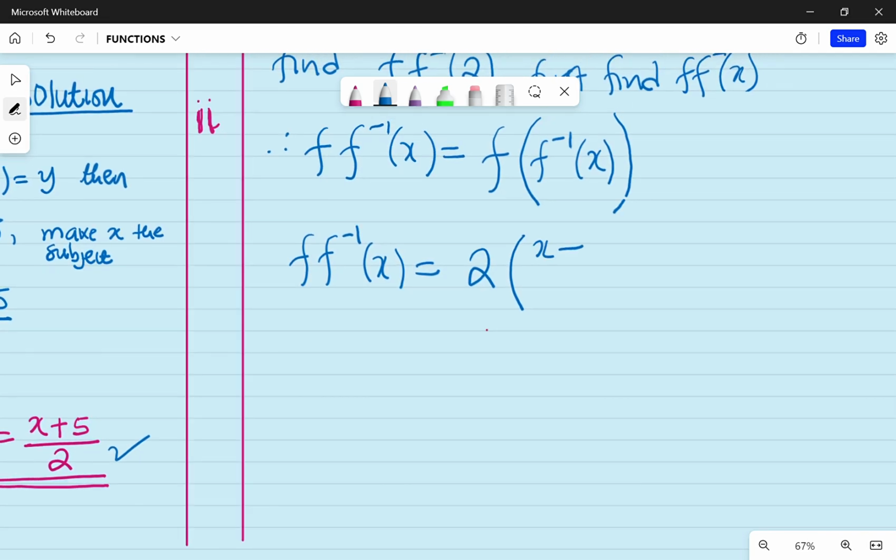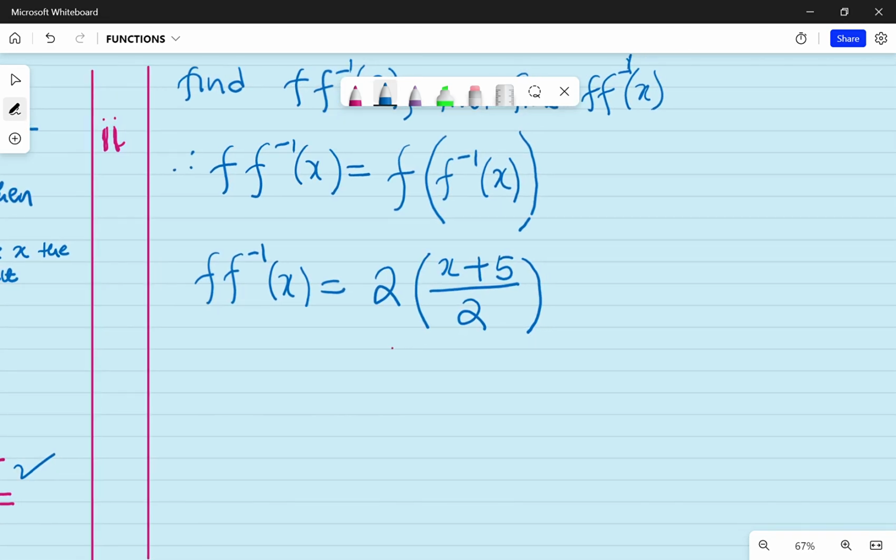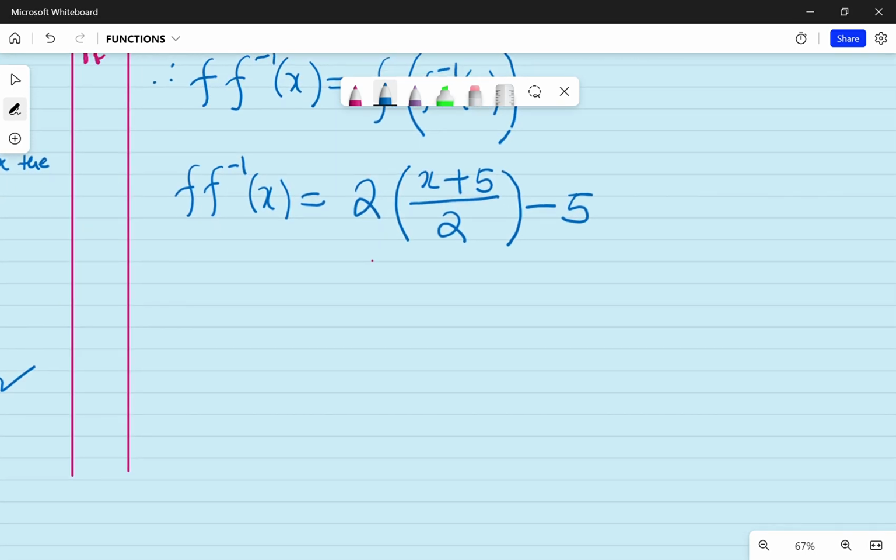Now my function is 2x minus 5, so this x plus 5 over 2 is standing in for the x. Now the expression is minus 5. That is our function. So that 2 and that 2 would divide.